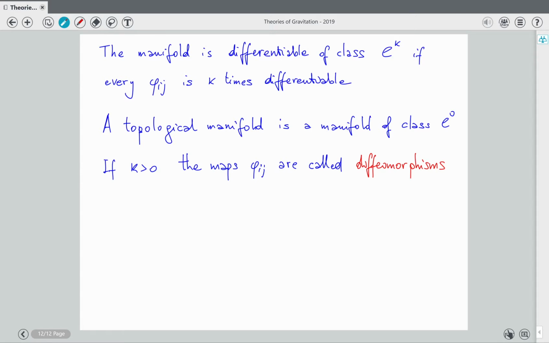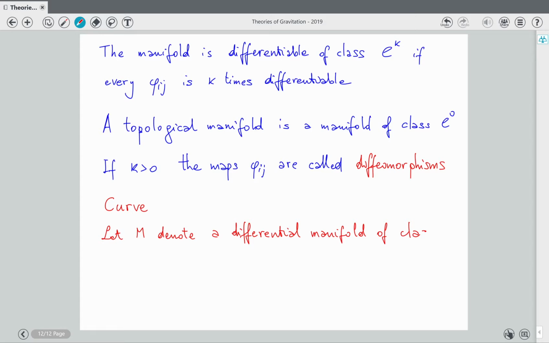So let's define a curve. Let M denote a differential manifold of class C to the K, with K at least 1.